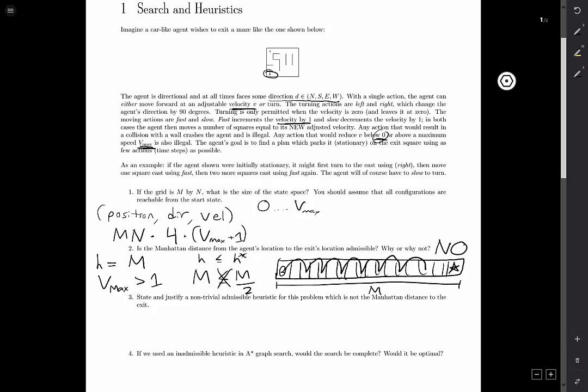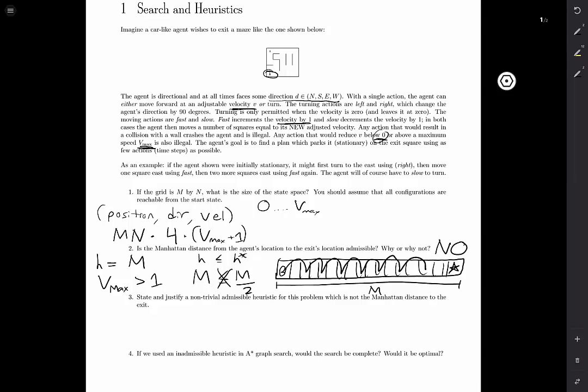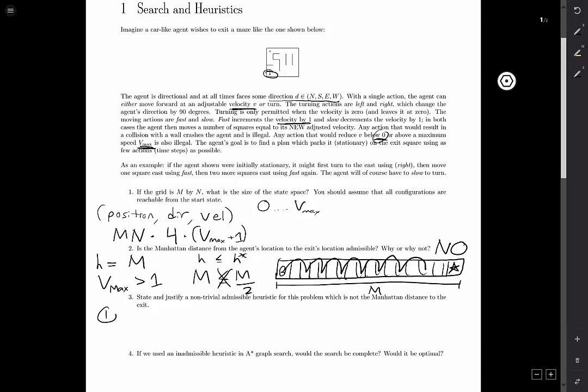Okay, so for question 3, state and justify a non-trivial admissible heuristic for this problem, which is not the Manhattan distance to the exit. There's a few answers to this question, and we're going to cover a few of them. One of them would be the number of turns to face the goal.